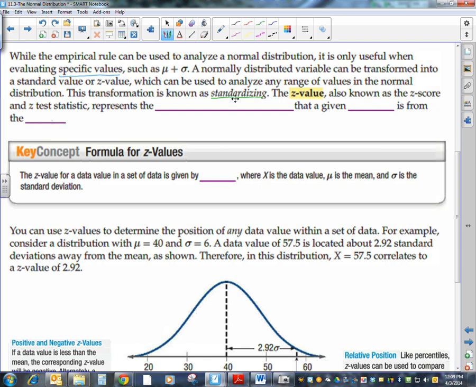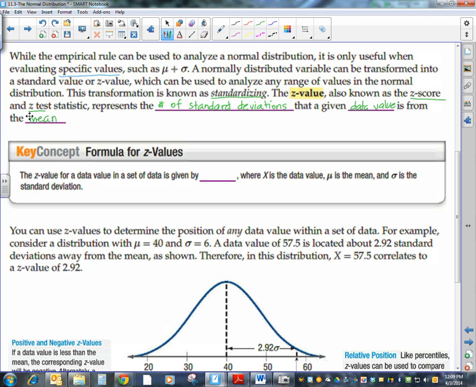And that method of standardizing gives us a z-value, also known as a z-score or a z-test statistic. And what it represents, it basically takes your data value and tells you the number of standard deviations that a given data value is from your mean. Okay?